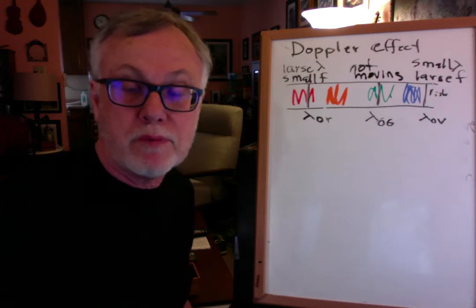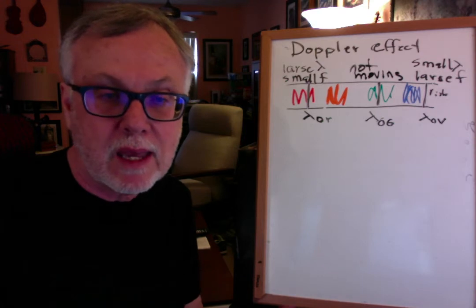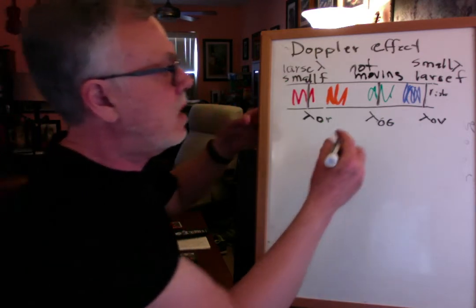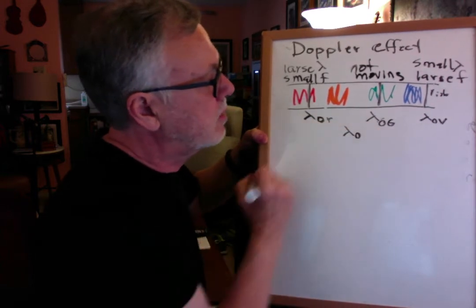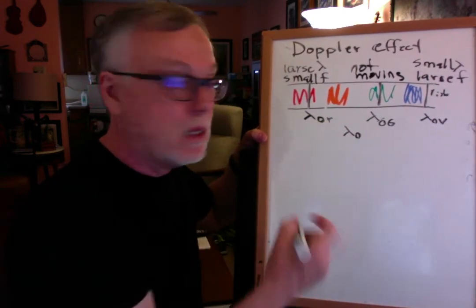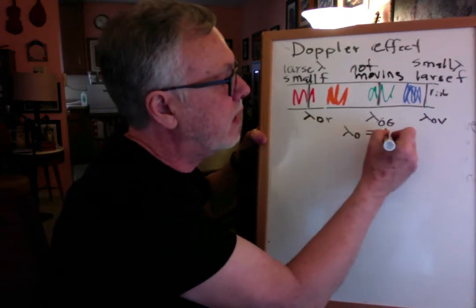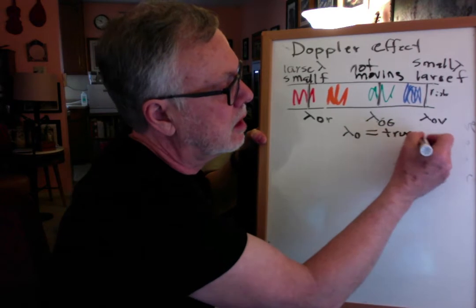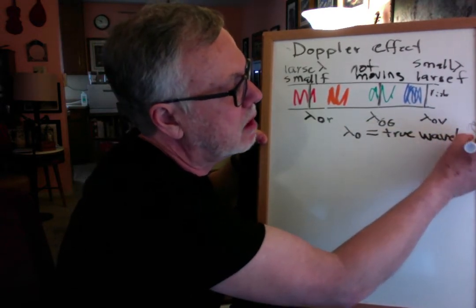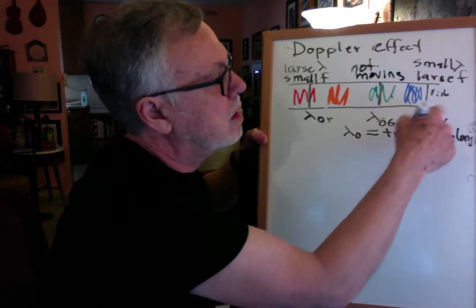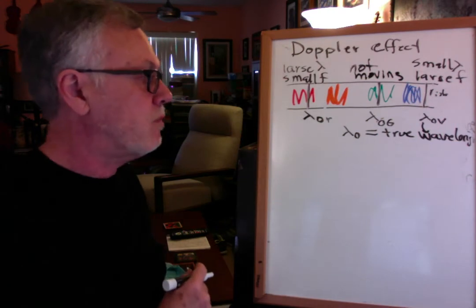And that's what people who study the spectra, the rainbows of stars, can actually measure. And so basically, when I say lambda sub 0, we call it lambda naught, it means the true wavelengths for those colors. Remember that symbol right there means wavelength. That lambda, we've talked about that before.